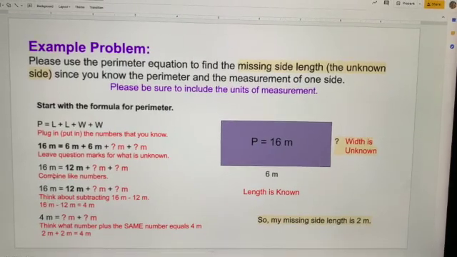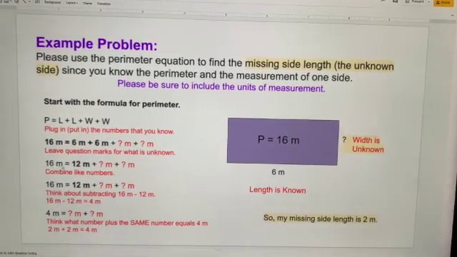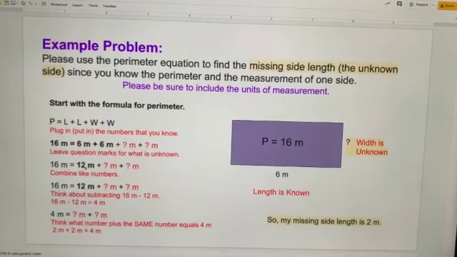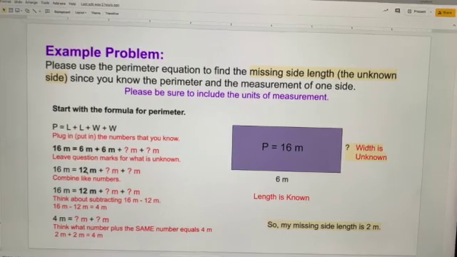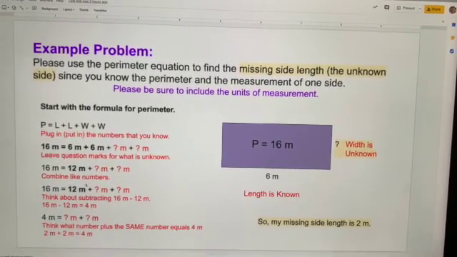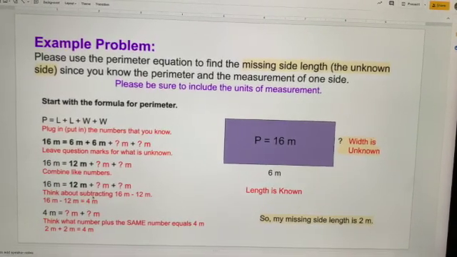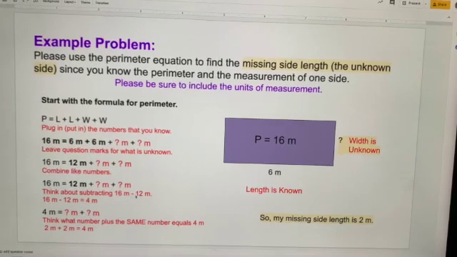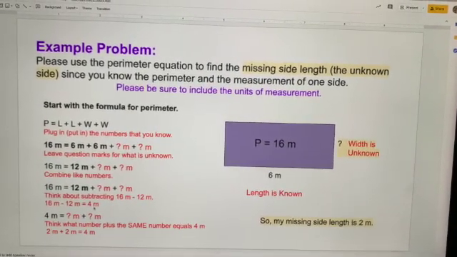Then you do like we always do. We combine like numbers. 16 meters equals 12 meters because we combined the 6 plus the 6 and got 12. But we still have question mark meters plus question mark meters. Then I wanted you to think about subtracting. Say 16 meters minus 12 meters, and that gives you 4 meters.